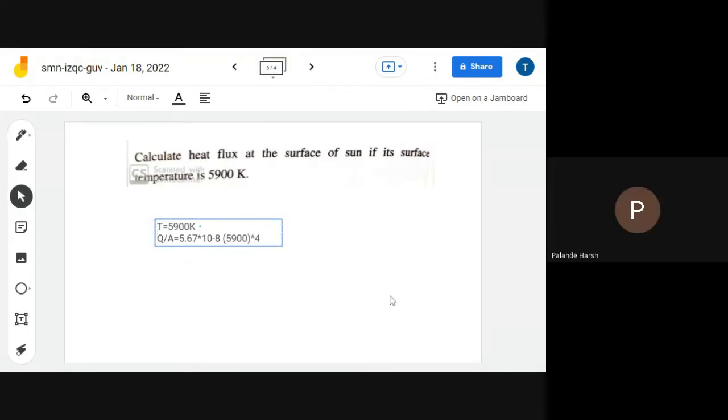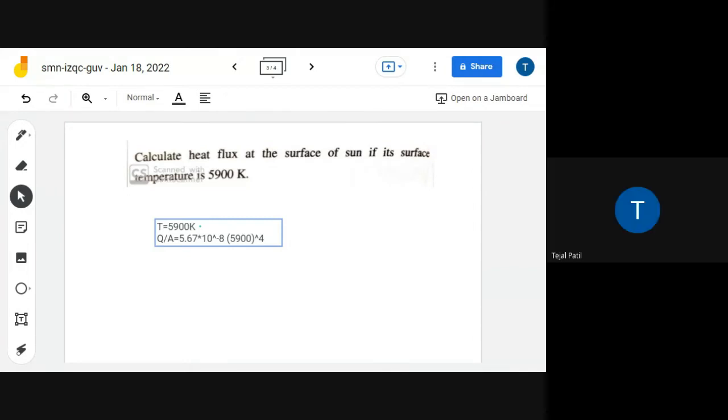The 10 raised to minus 8. Tell me the answer now. 6.87054 into 10 raised to minus 8.